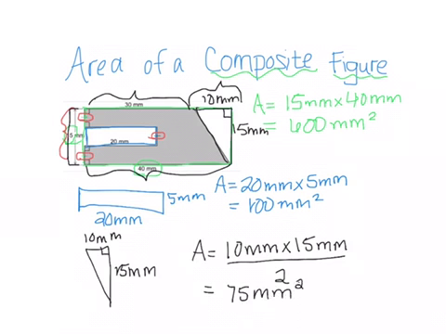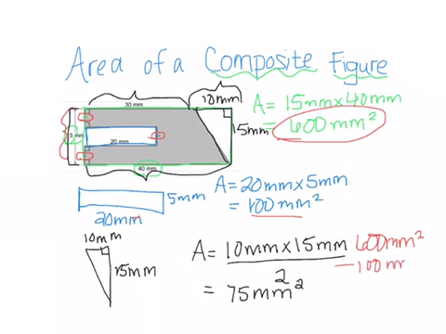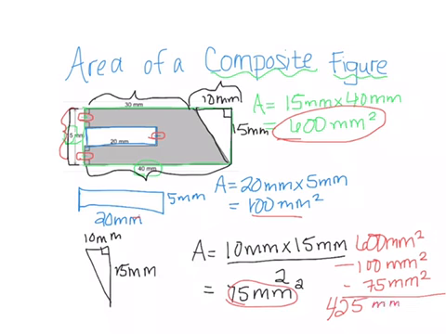Putting this all together, I take the area of my big rectangle, 600 millimeters squared. I'm subtracting the blue, which had an area of 100 millimeters squared, and I'm subtracting the triangle. Altogether, this leaves me with an area of 425 millimeters squared.